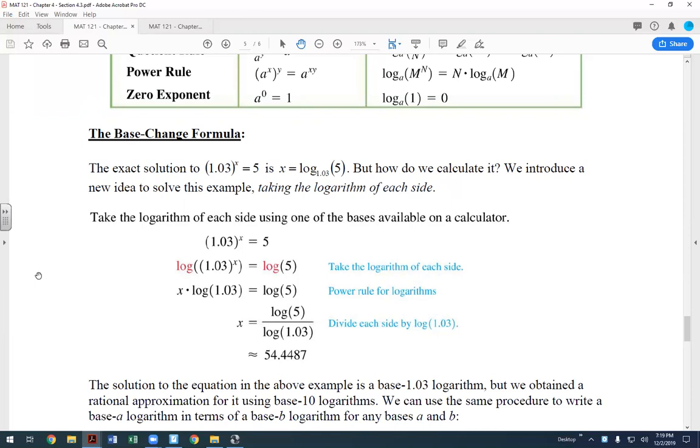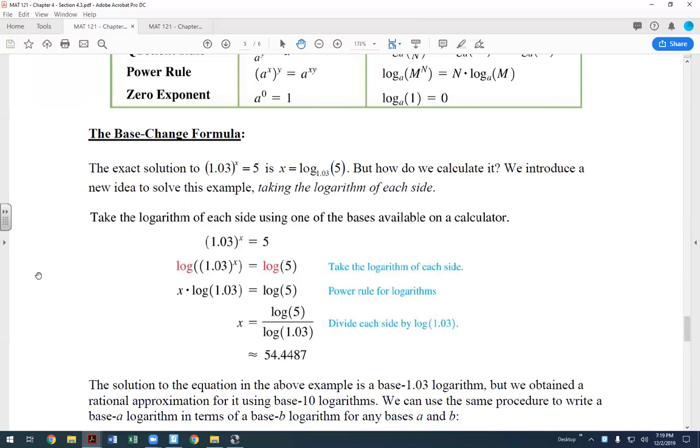Now there are some newer calculators which will let you type in a different base, like base 2, base 7, something like that. So normally we would need to use the base change formula so that we could rewrite our logarithm into a base 10 or natural log so that we could use our calculators to solve them. So that's where this idea of the base change formula comes in.